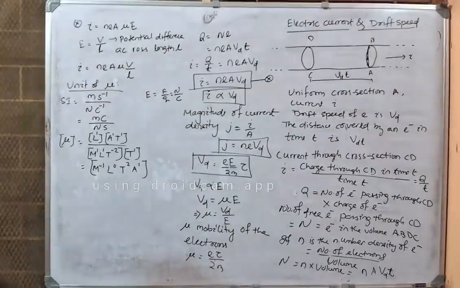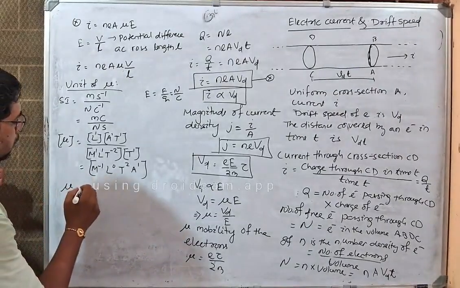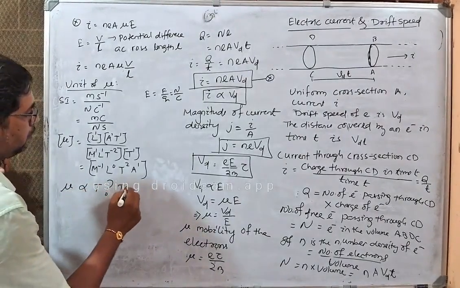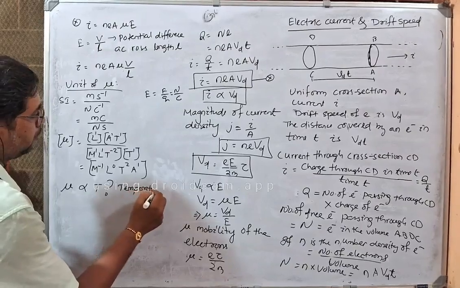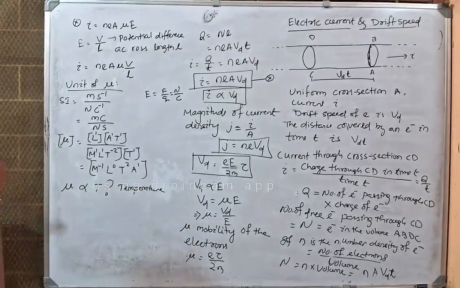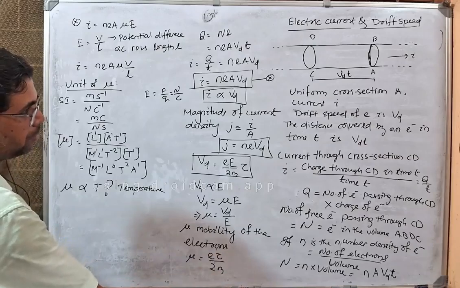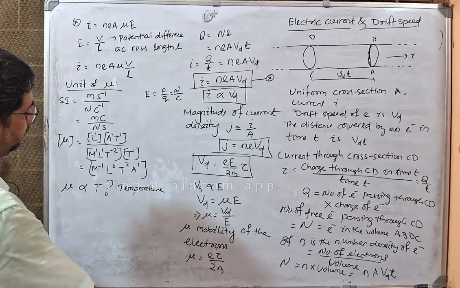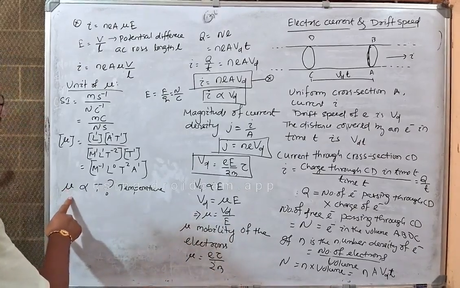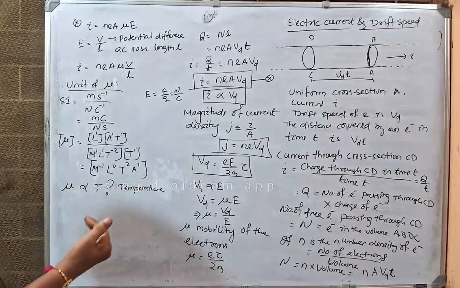So this is the dimensional formula of mobility. How does mobility depend on temperature? If temperature increases, mobility decreases. Mobility is directly proportional to tau, and tau is inversely proportional to temperature. More the temperature, less will be the mobility.